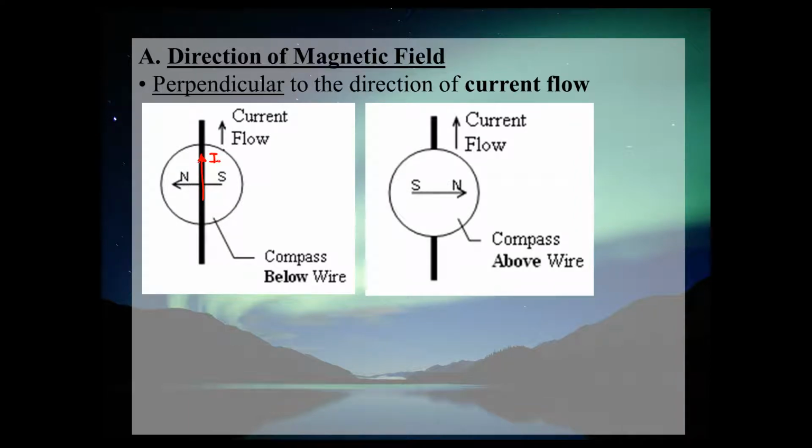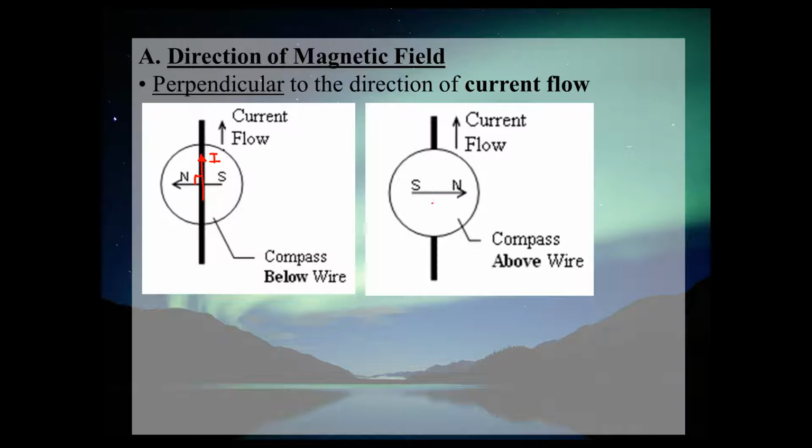We use the variable I for current, and that causes the needle to deflect where it's pointing towards the left. Because the current is going vertically upward, the needle points towards the left. There's a 90-degree angle between them. This is if the compass is behind the wire.